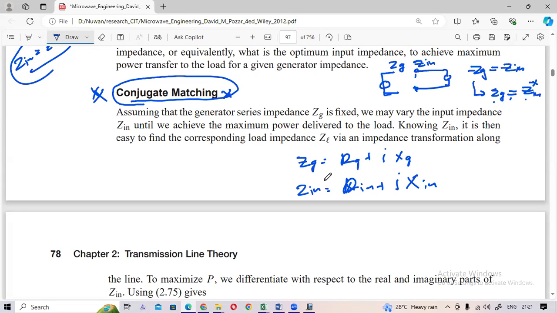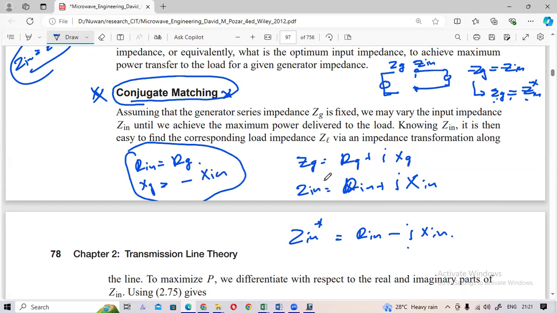Now you are going to map the conjugate of Z in. Conjugate of Z in means R in minus jX in. So in this case, R in is equal to Rg and Xg is equal to minus X in. You are going to map like this. That is referred to as conjugate matching.